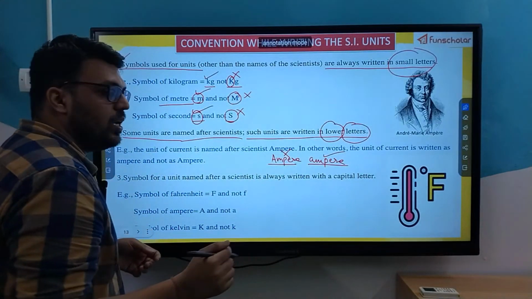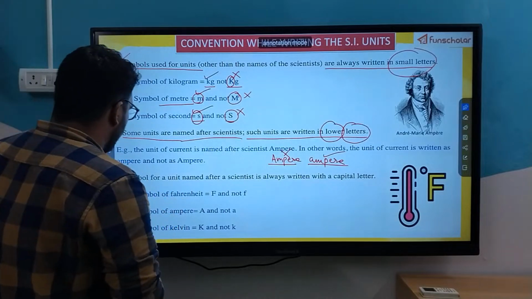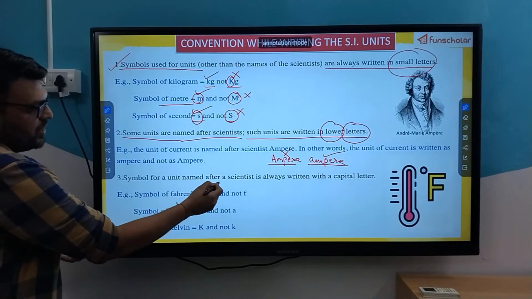The next rule is the symbol for a unit named after a scientist.